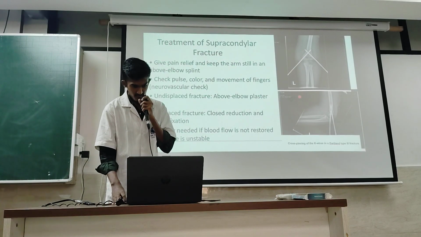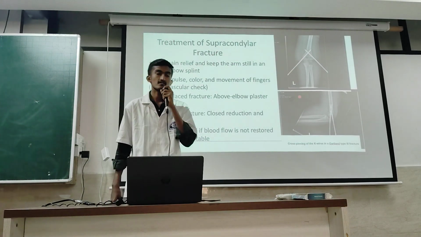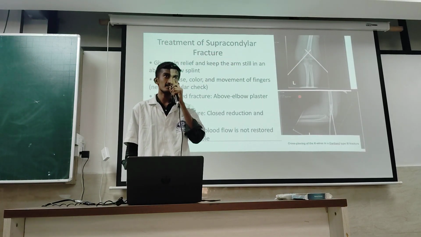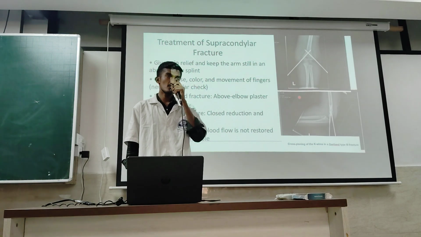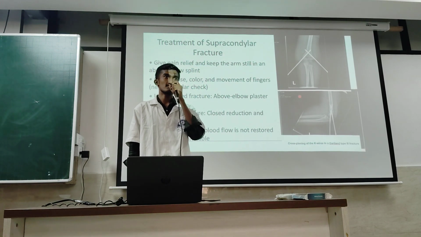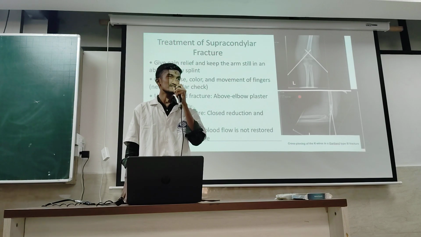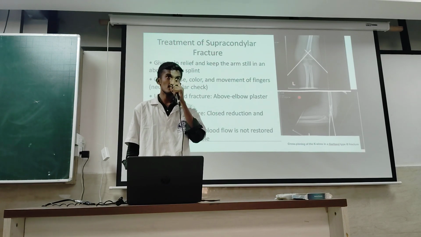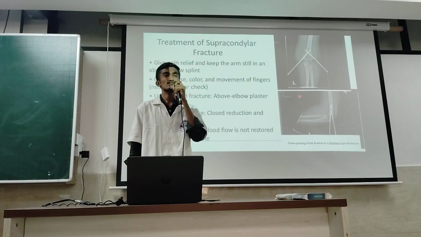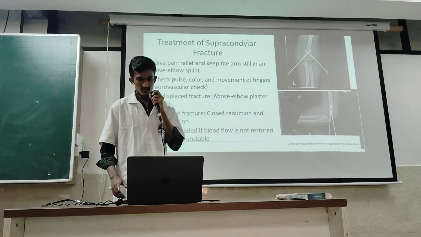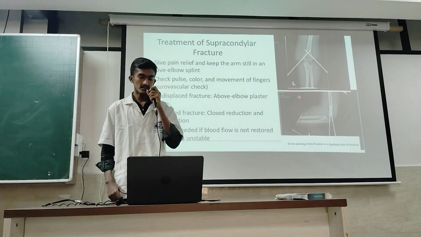Then coming to treatment, initially the first step is pain relief, then immobilization of the fracture using an above elbow splint, and then most important is neurovascular check. Neurovascular check includes skin color, then movement of fingers.